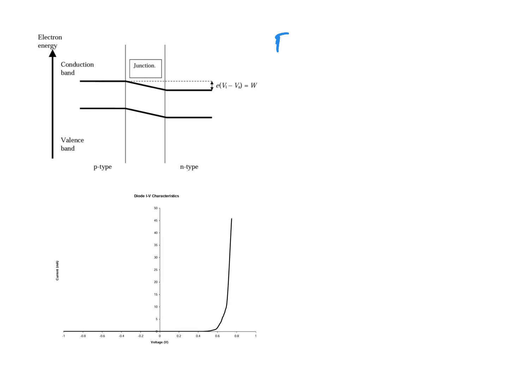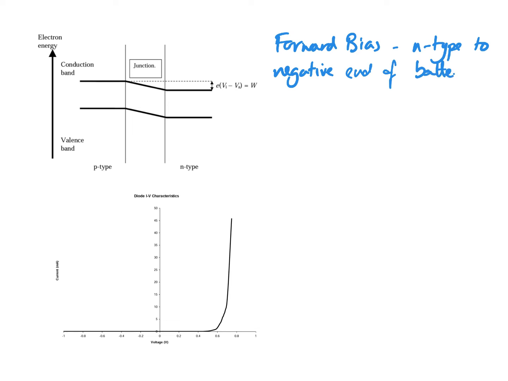So the next idea is forward bias, which means n-type to negative end of the battery, p-type to positive. And what that does is it attempts to close that barrier.